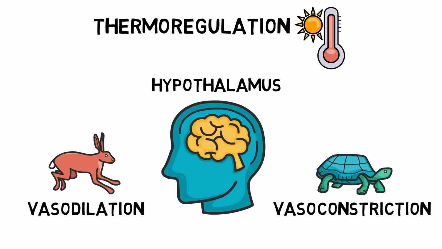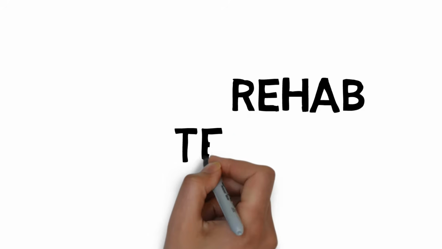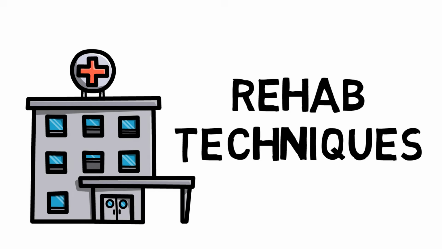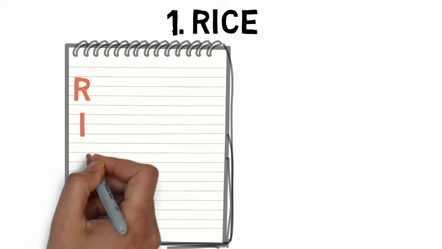There are a number of rehabilitation methods that can be used after an injury has occurred, depending on the severity of the injury or the most effective rehabilitation strategy. Let's take a look at some of the most popular rehab techniques. The most common form of rehab after a mild acute injury is RICE.